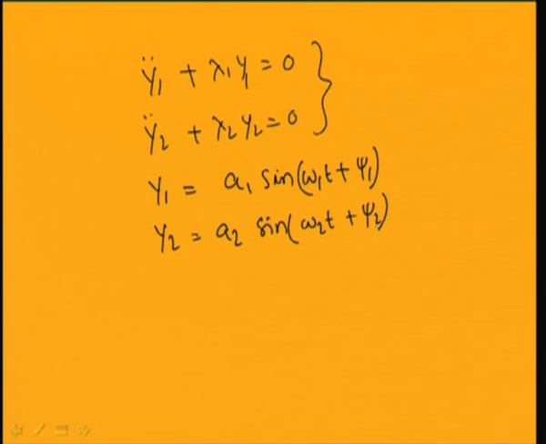This omega 1 you already know: omega 1 is 3.9637 and omega 2 equals 12.6214.